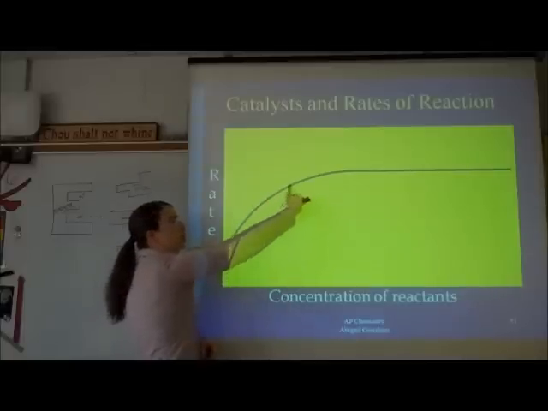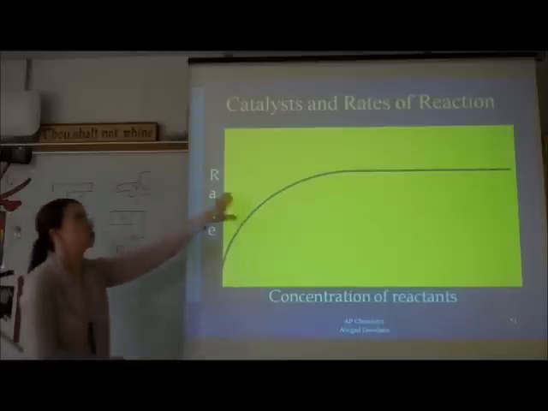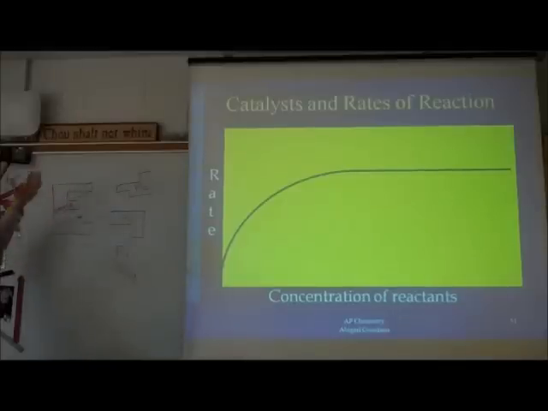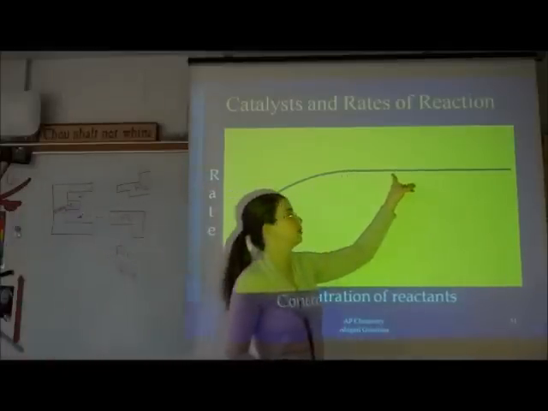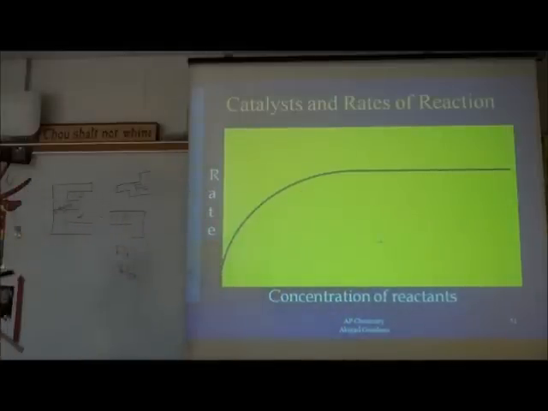For a little while, you start to see the speed of the reaction increase. Okay? Because you're slowly but surely filling up these enzymes. When you reach a certain point where all the enzymes are occupied and they're all working at maximum capacity, you can keep on adding as many reactants as you want. It's not going to make the reaction go any faster.